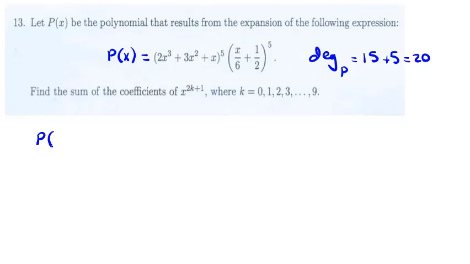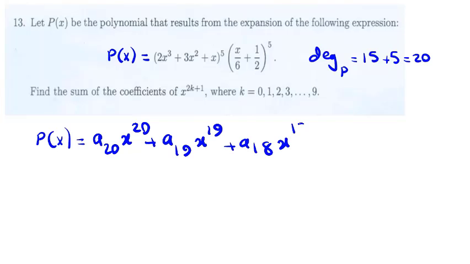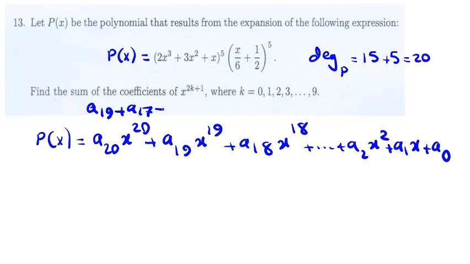So we know P of x equals what? The degree is 20: a20 x^20 plus a19 x^19 plus a18 x^18 and so on, plus a2 x squared plus a1 x plus a0. The problem wants the coefficients of x to the power of odds, all of them: a19 plus a17 down to a3 plus a1.